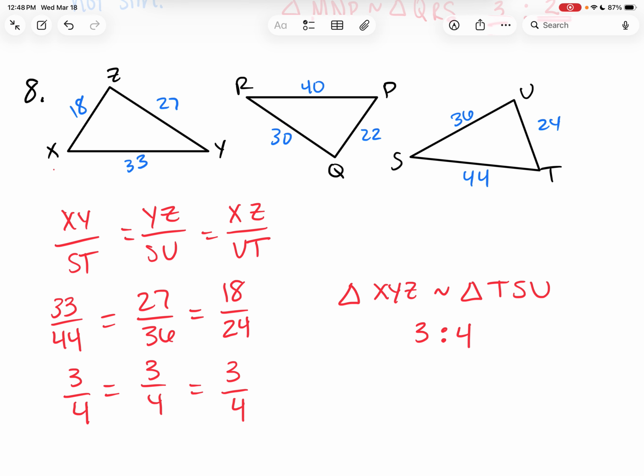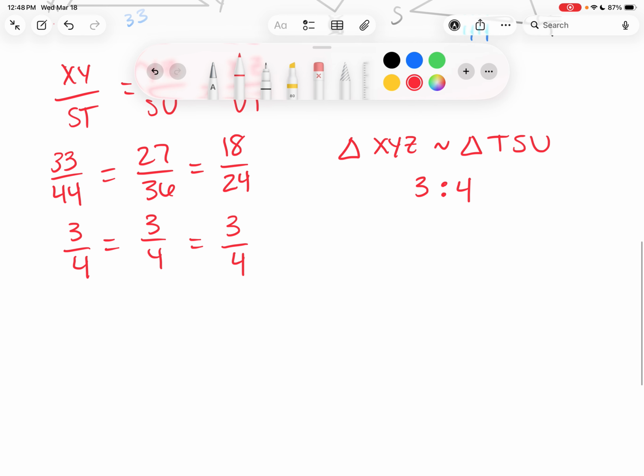All right, and the next ones, we're still determining if the triangles are similar or not, and if they are, we're going to make the similarity statement like this: triangle blah blah blah similar to triangle blah blah blah. And then we're going to state the postulate or theorem that would justify that answer. So number 10.